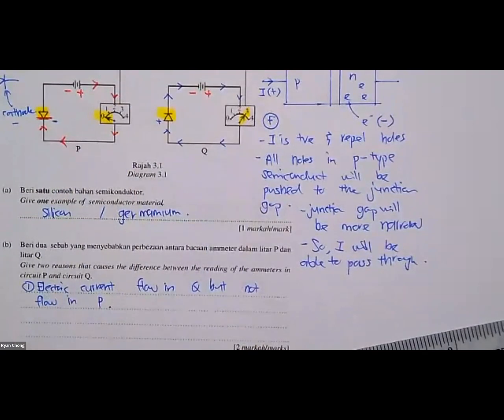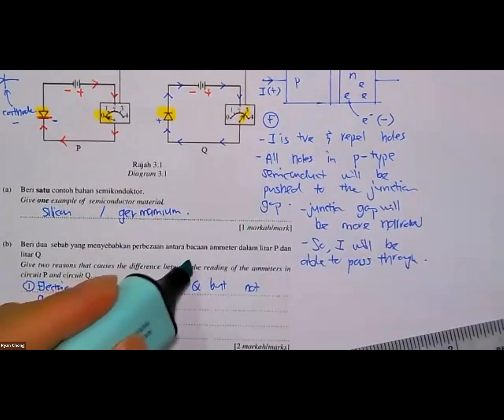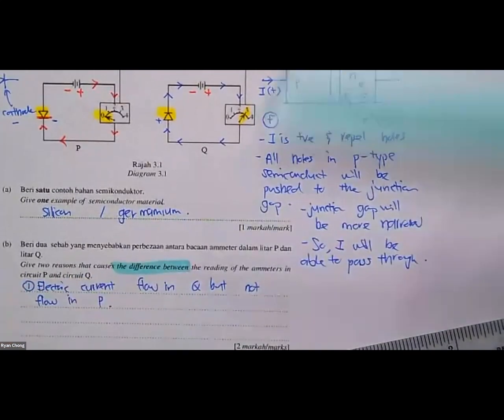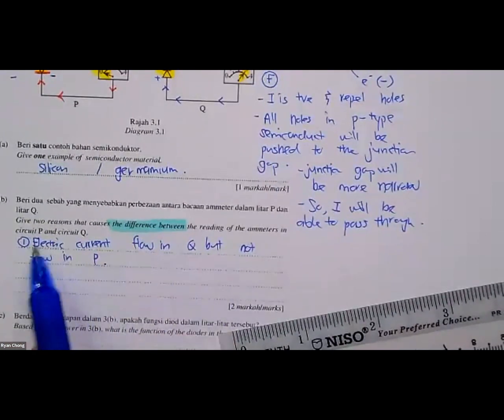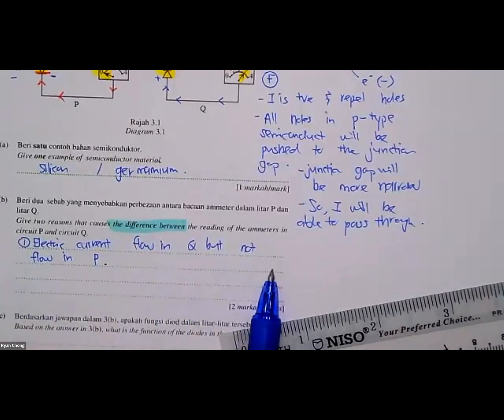Because they mention difference, you have to compare both. That's the reason you have to write current flows in Q but not in P. You have to mention both.